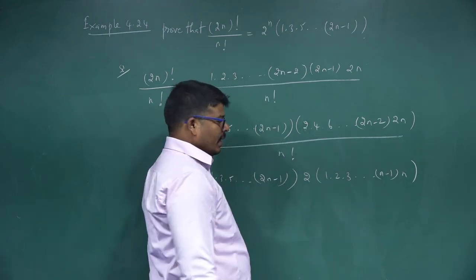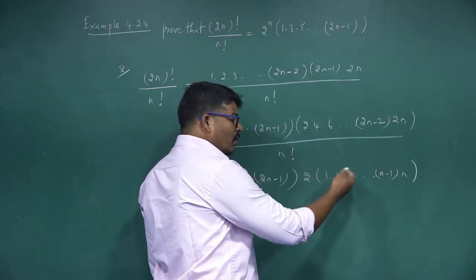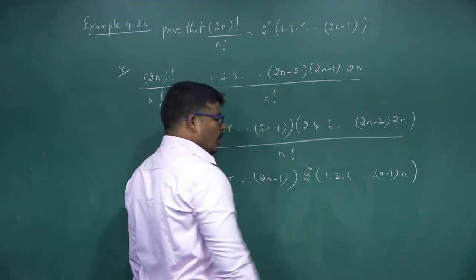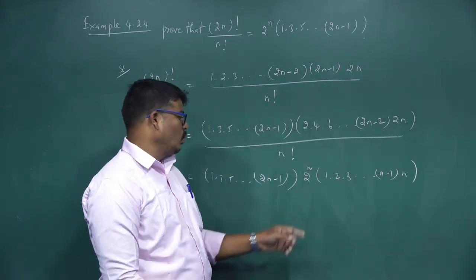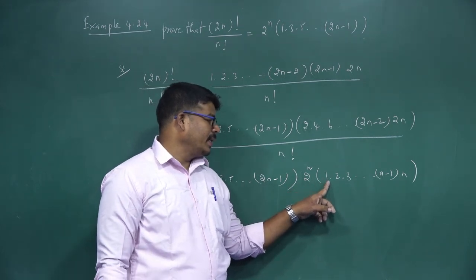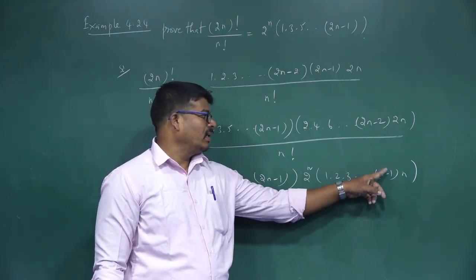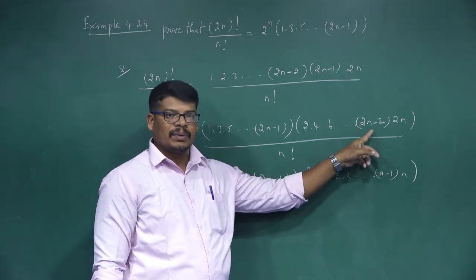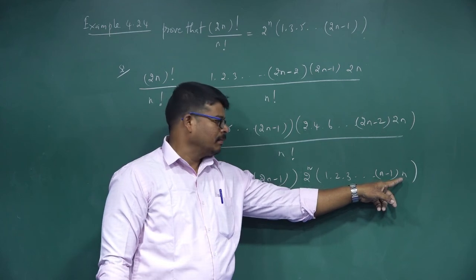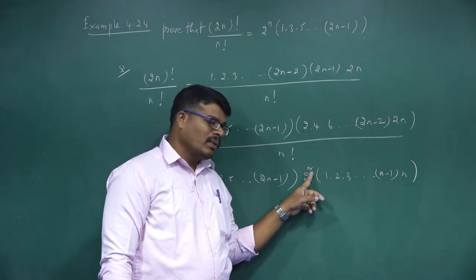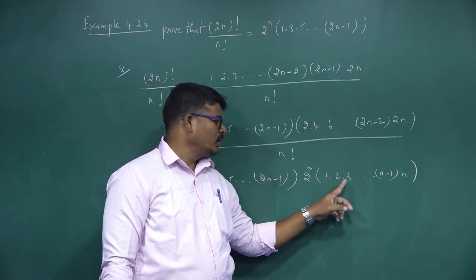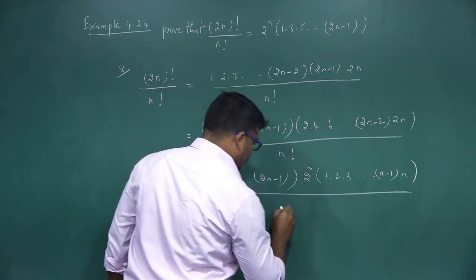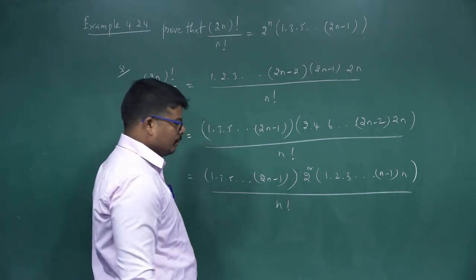The 2 is taken outside n times, so write it as 2 power n. Taking 2 power n outside, the remaining terms are 1, 2, 3 and so on up to n minus 1 into n, divided by n factorial.